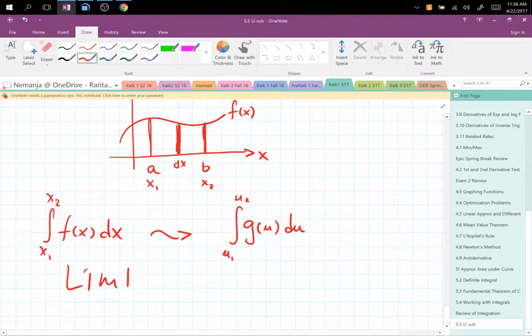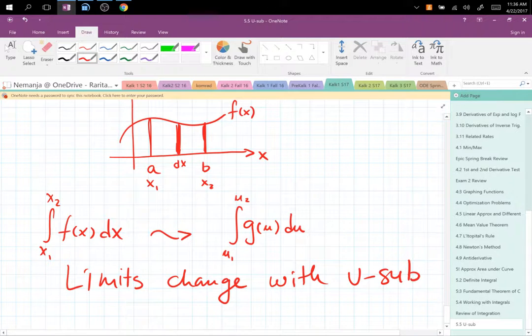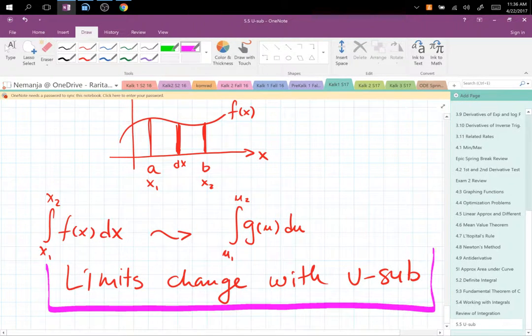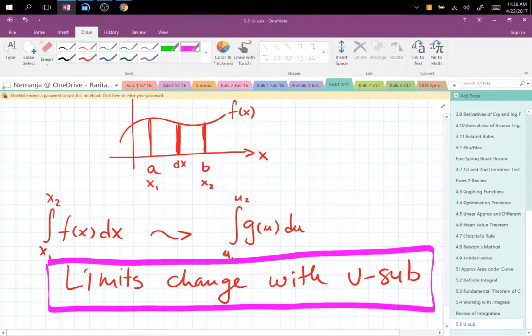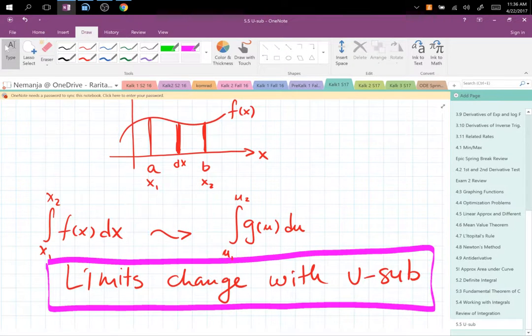Limits change with u sub. Let me exaggerate on that one a little bit. Limits change with u sub. You cannot plug in x limits. Let's say the integral was 0 to 1 and then blah blah, and you did u sub. Those 0 to 1 were x values, but now your integral is in terms of u. You have to change those limits in the u domain.